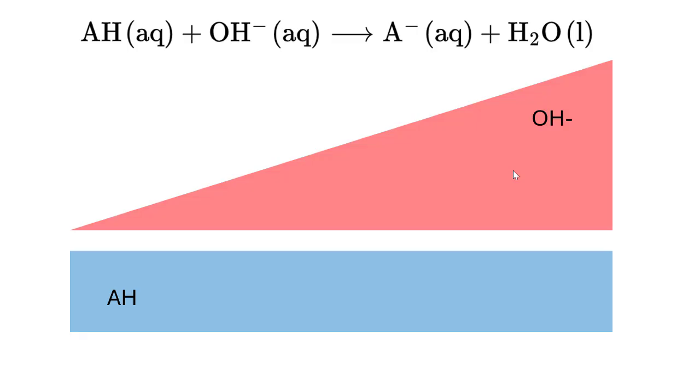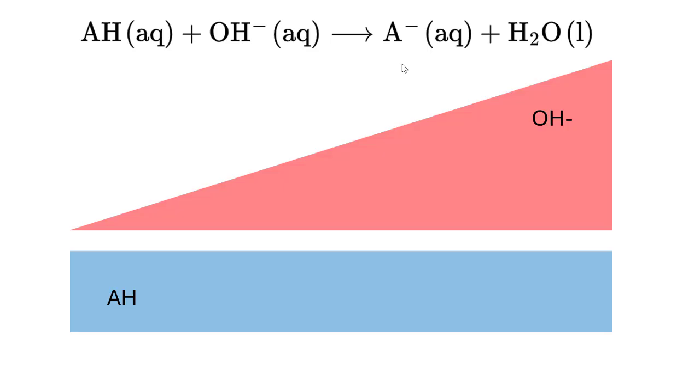But in order to see what the major species is, we can just assume that for now, the weak acid reacts stoichiometrically, or to completion, with the strong base. So for every mole of OH minus that we put in there, we get a mole of A minus, so conjugate base, in water.